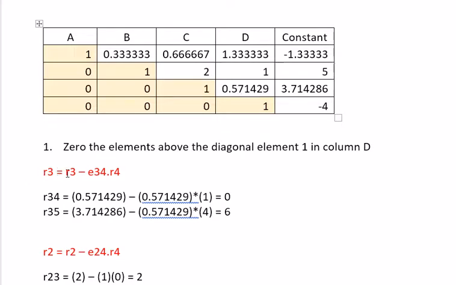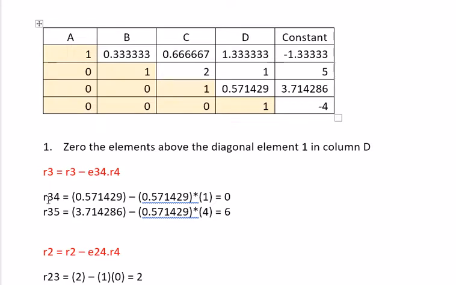So the formula for R3 will be R3 minus E, the element in row 3, column 4, times the element in row 4, which is 1, in order to make this into 0. Again, we will not be touching the highlighted elements anymore. We will be focusing only on the ones in white.